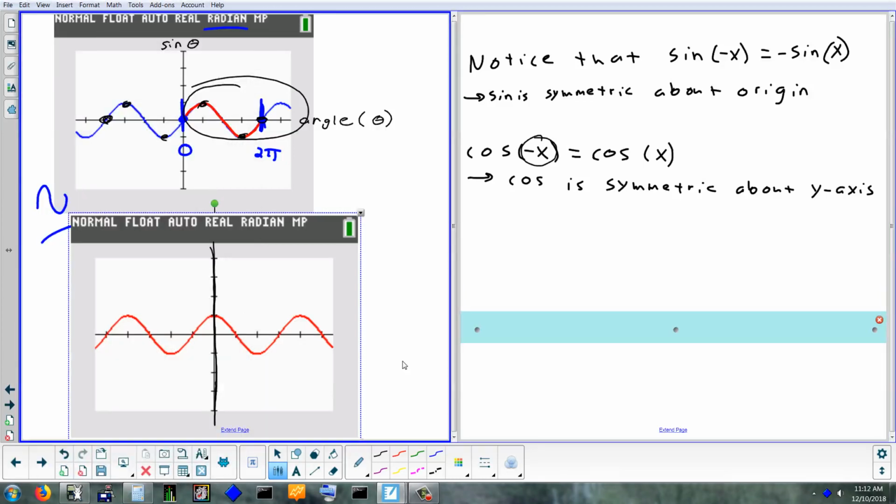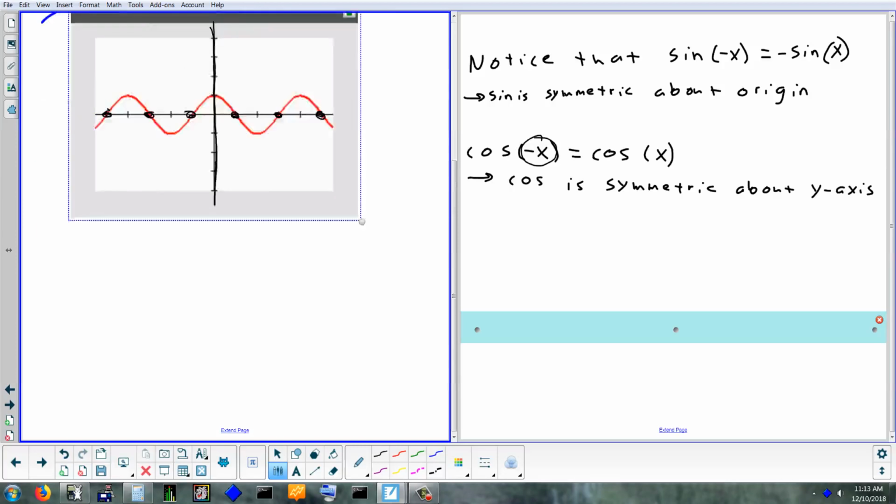Now look at cosine. It's right here. Cosine hits that number. Well, it hits it an infinite amount of times. But what is that number that I just put all those dots on? The y coordinate of all those points. Yeah? 0.